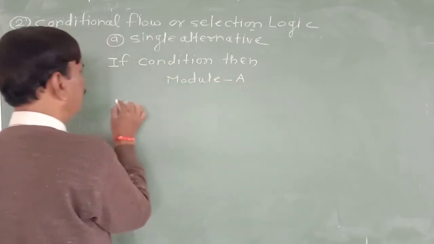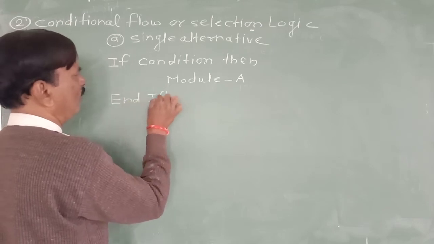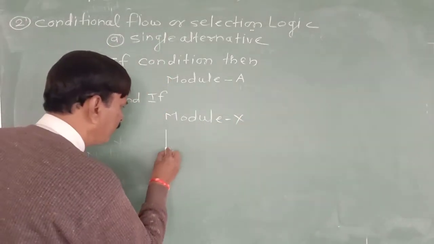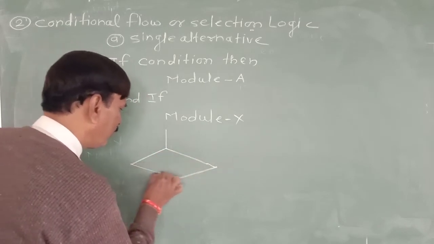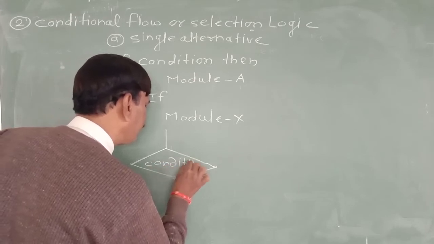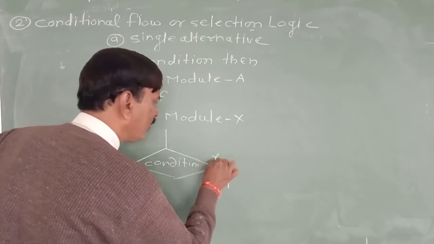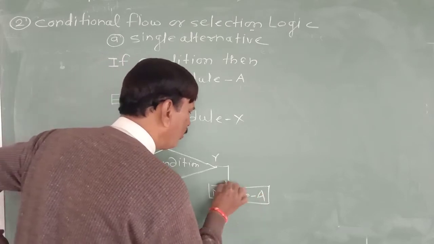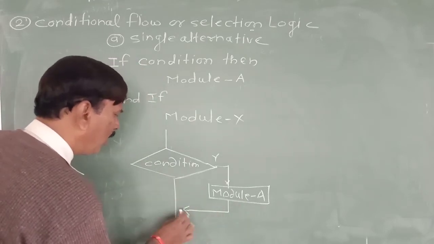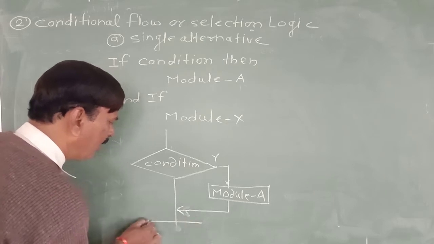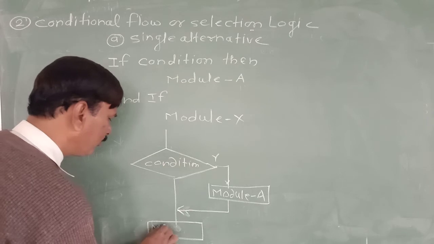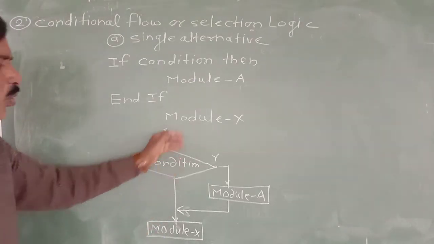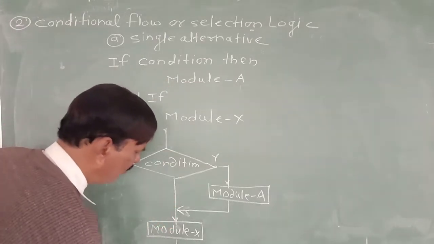Module A is to be executed here, and then there is module X. If the condition is true, module A is executed, and again it will come here, where there will be module X. Now you can see, if the condition is true, module A and module X, otherwise only module X. This is called a single alternative.